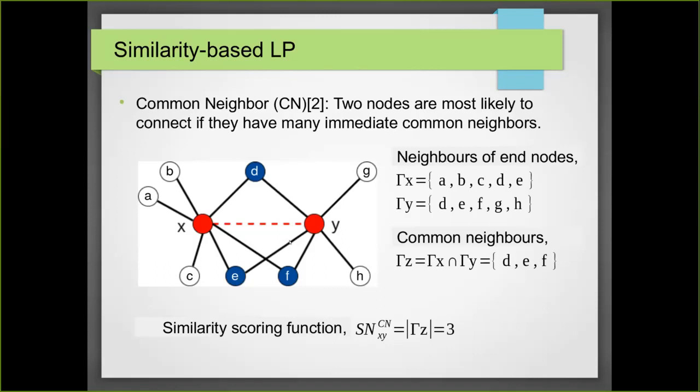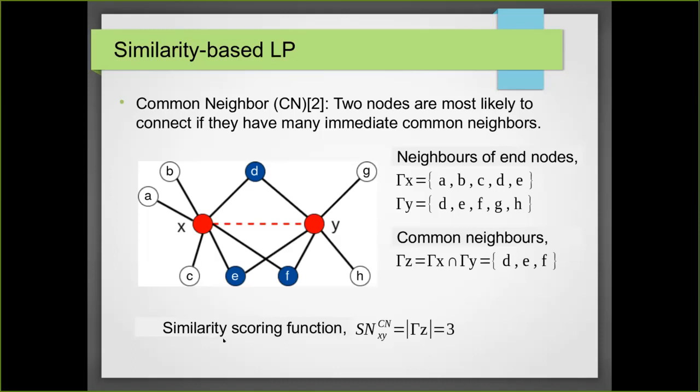In this figure, we are interested in computing the link existence probability between nodes X and Y. This is the immediate neighbor set of node X, and this is the neighbor set of node Y. Then the common neighbor method computes the common neighbors from these two sets, and the size of the common neighbor set is the scoring function.